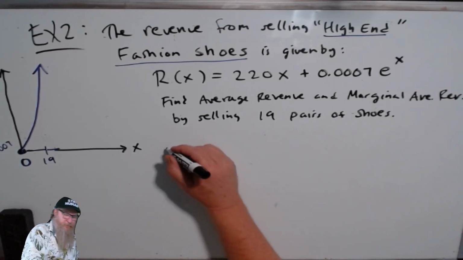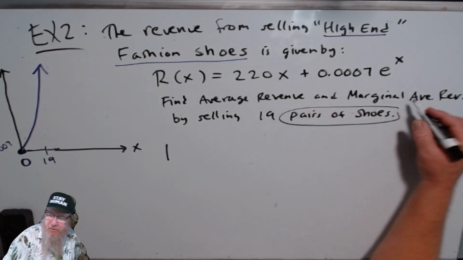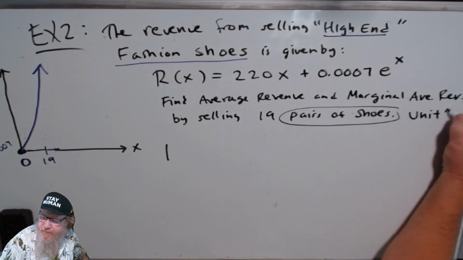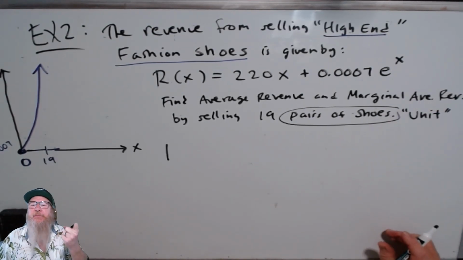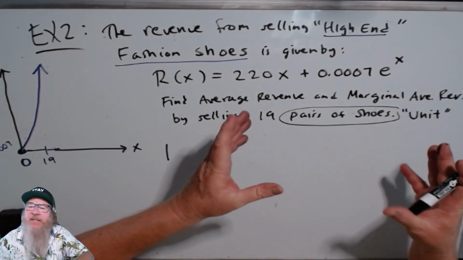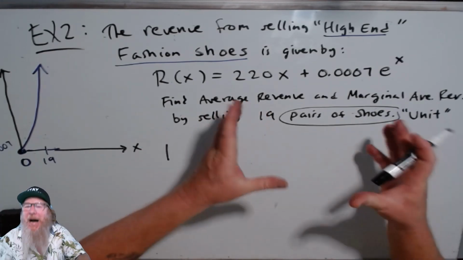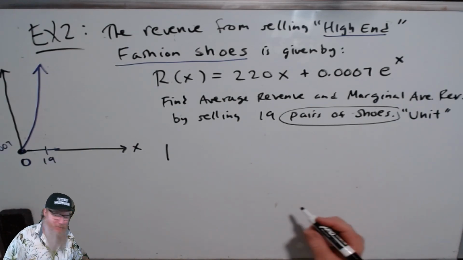All right. A pair of shoes is called a unit. It's interesting. It takes 2 shoes to make 1 unit. Obviously, nobody's going to buy just 1 shoe. I think everybody already knows that. They come in a box, the same box together. And the box that the 2 shoes come in is a unit.